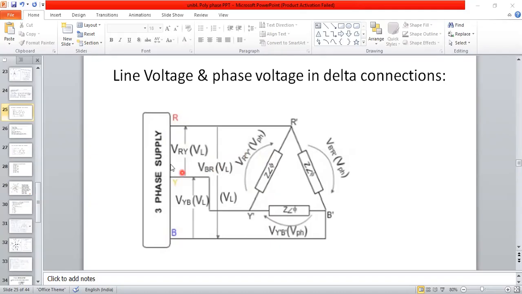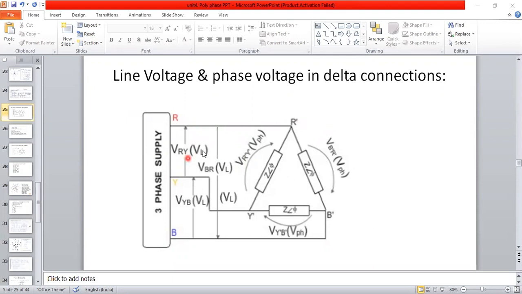So VRY equal to VR dash Y dash. VRY is which voltage? It is line voltage or phase voltage? VRY is the line voltage. VR dash Y dash is the phase voltage. So VRY equal to VR dash Y dash is nothing but line voltage equal to phase voltage. We can say that one.